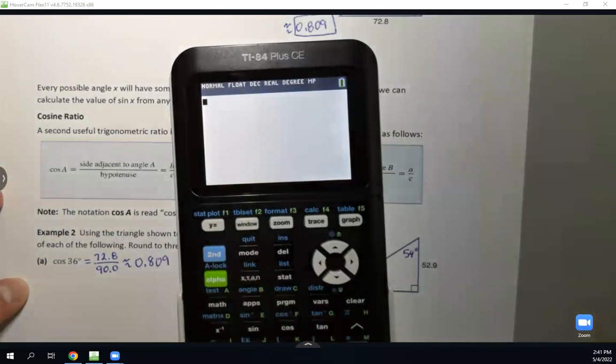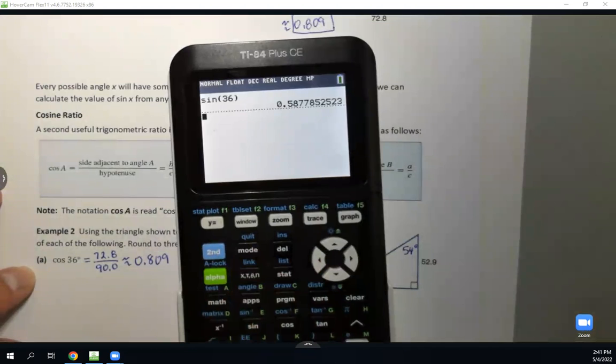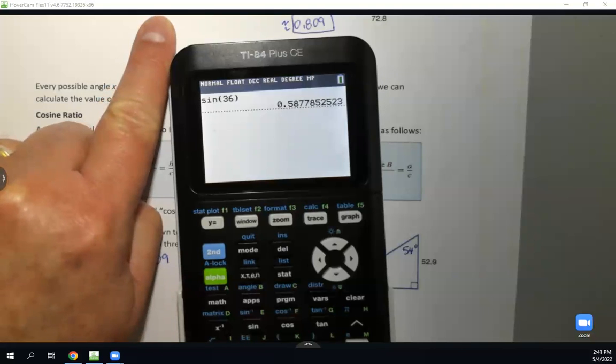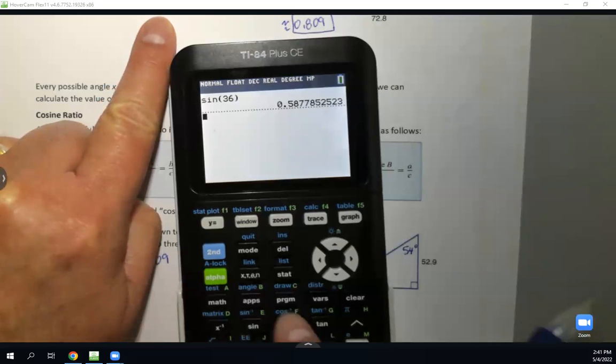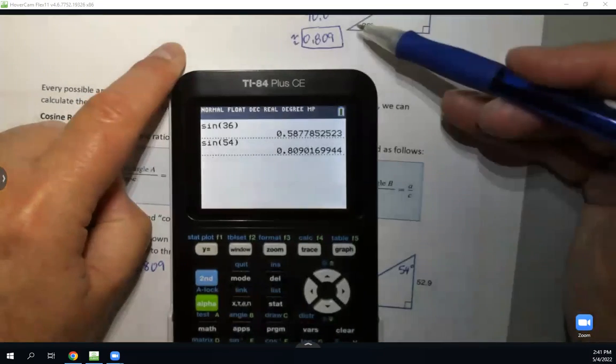So once I'm in that mode, if I type sine of 36, I get 0.5877, blah, blah, blah. So that would be about 0.588. You with me? If I do the sine of 54 degrees, that's about 0.809.